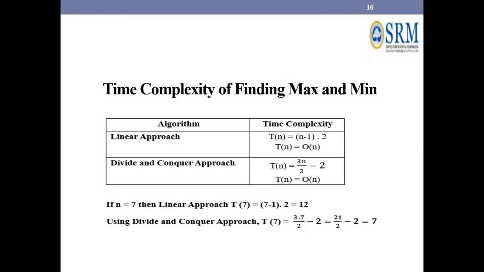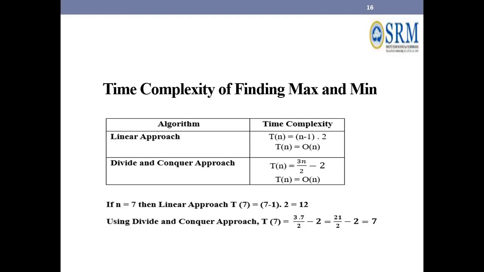And using the divide and conquer approach for finding min and max, T of 7 equal to 3 into 7 by 2 minus 2, equal to 21 by 2 minus 2, about 9. So the linear approach takes more comparisons and works worse than divide and conquer, because the number of comparisons is more in the linear search.